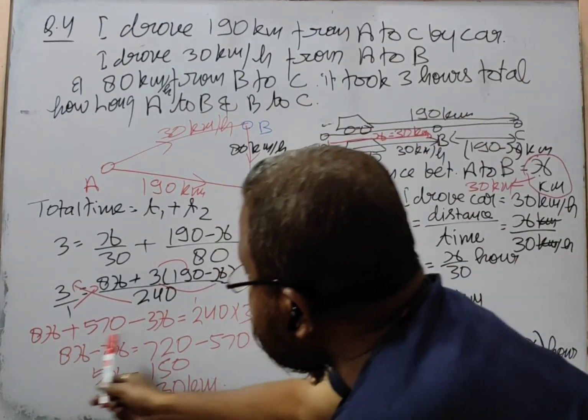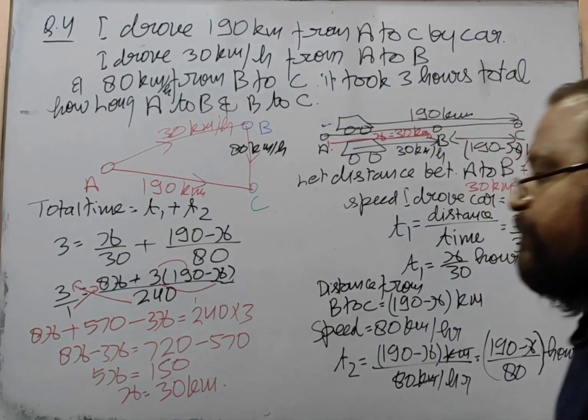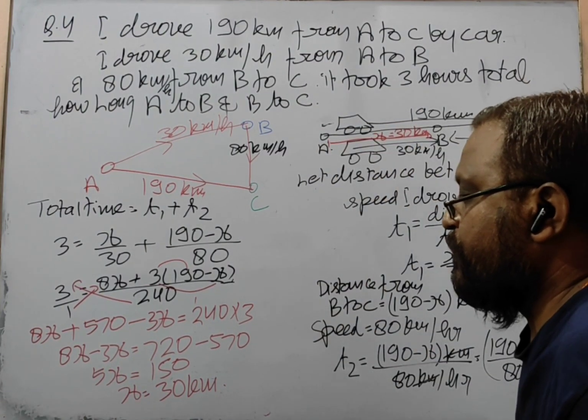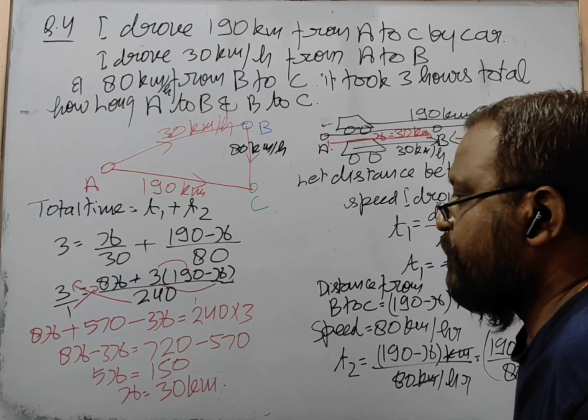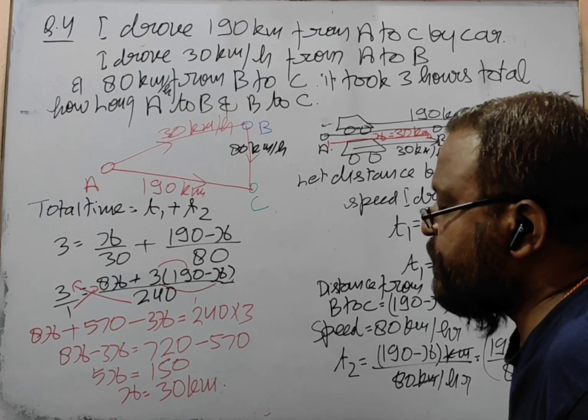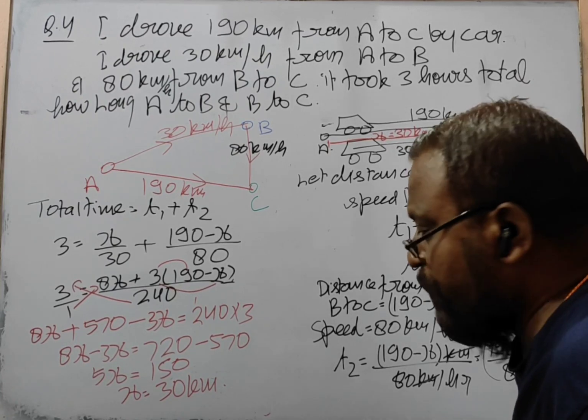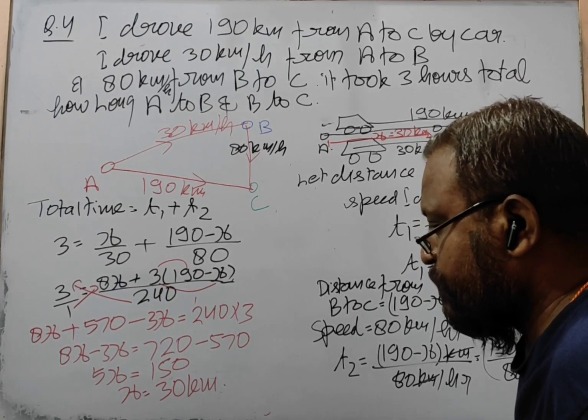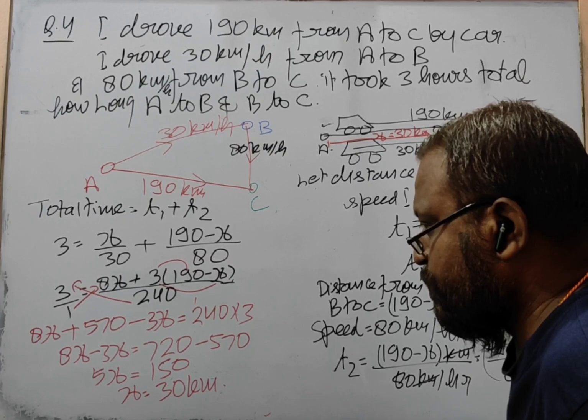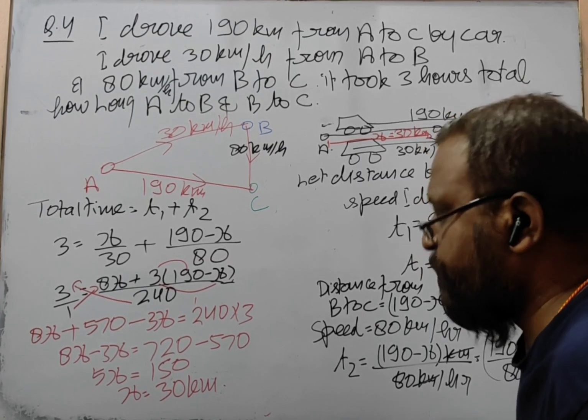Now 8x minus 3x becomes 5x, and 720 minus 570 is equal to 150.